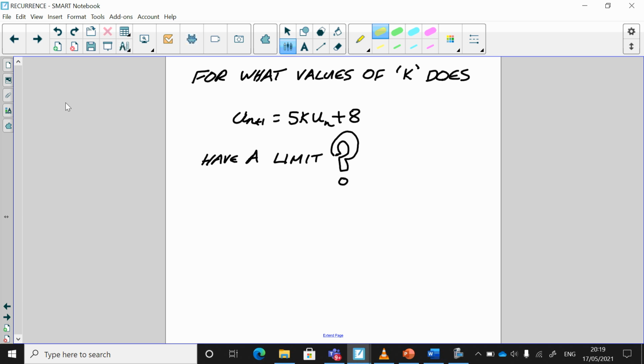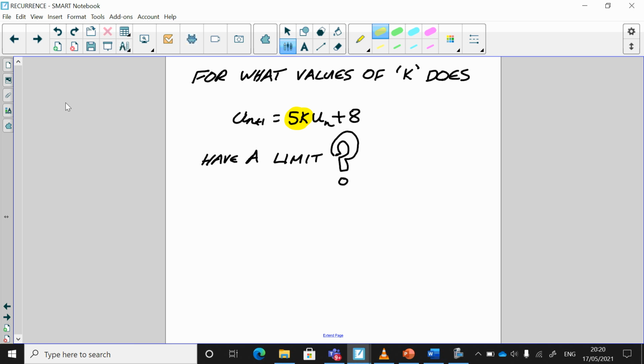So 5k is playing the role of a here. So that's all you're interested in. It's not asking you to calculate a limit. Well, actually, it will come out in terms of k. We're not interested in that. It's the values of k.